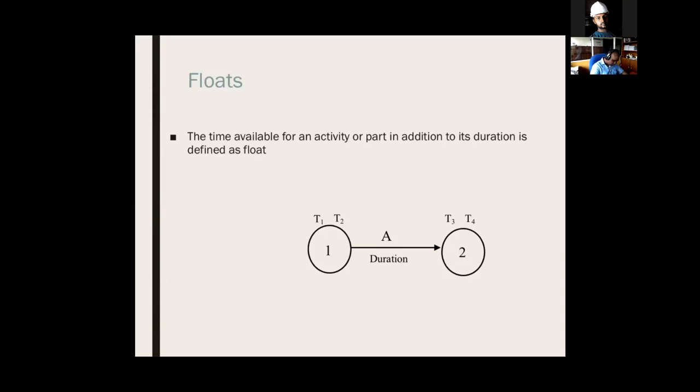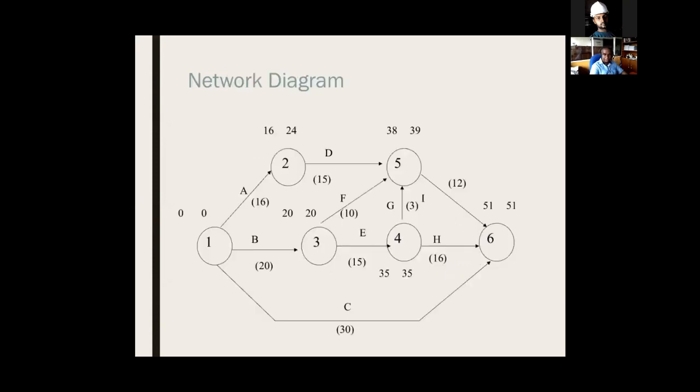For example, here in the network that you have selected now, let's say this activity A. You can see a difference here. Latest start time is 16, latest finish time is 24.